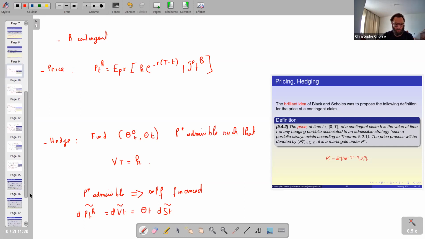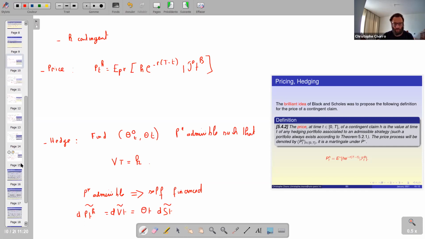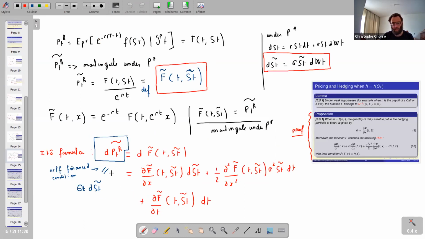So if I come back to my problem here, I have two stochastic differential equations that are fulfilled by the actualized value of the price.